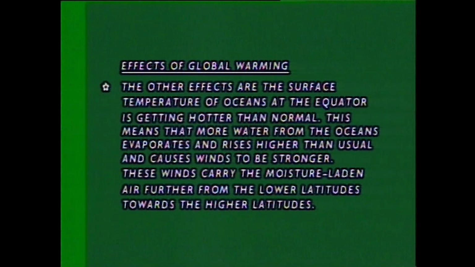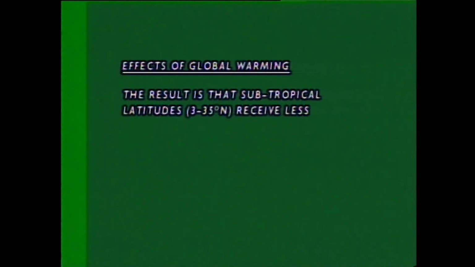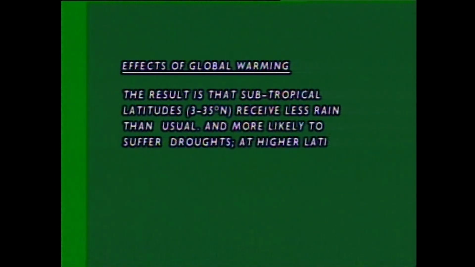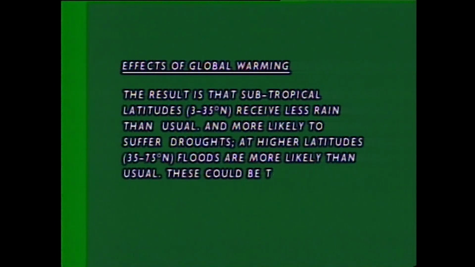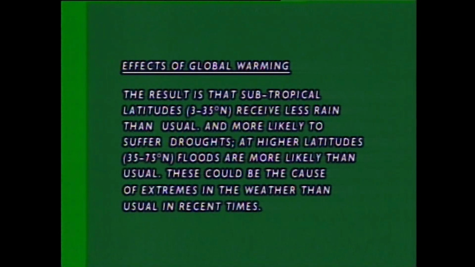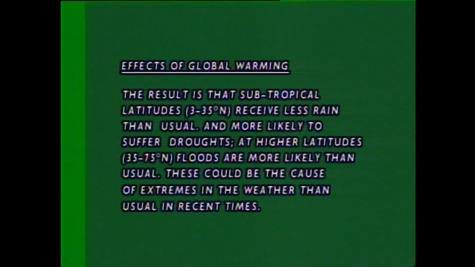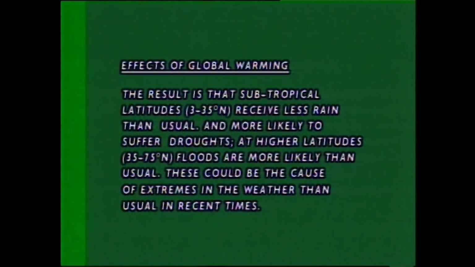These winds carry the moisture-laden air further from the lower latitudes towards the higher latitudes. The result is that subtropical latitudes 3 to 35 degrees north receive less rain than usual and are more likely to suffer droughts. At higher latitudes, 35 to 75 degrees north, floods are more likely than usual.